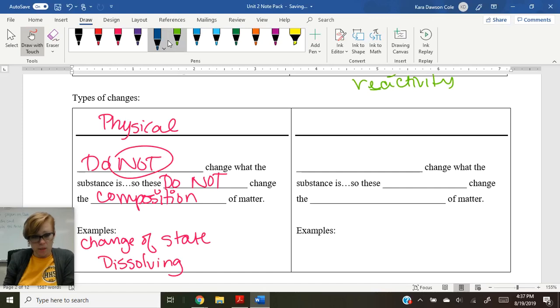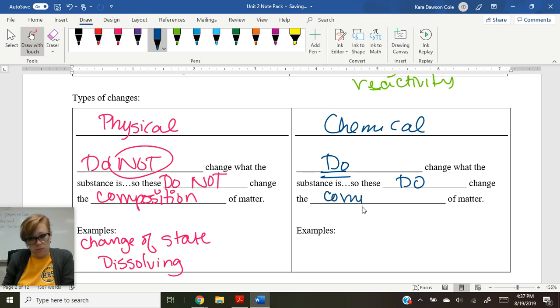Okay, so then we can have chemical changes. A chemical change does change what the substance is. So these do change the composition. So these are changing the composition of matter.